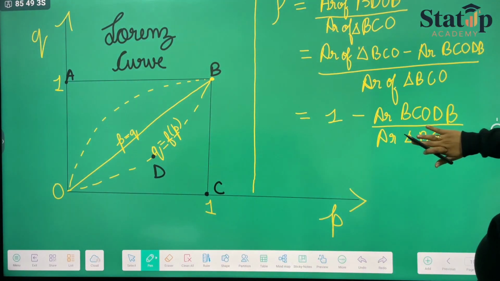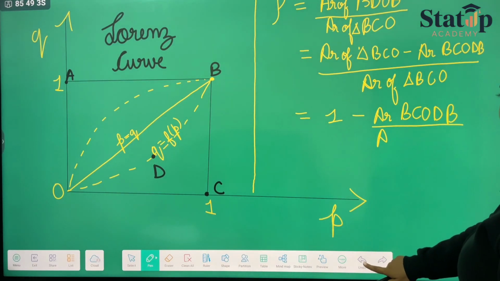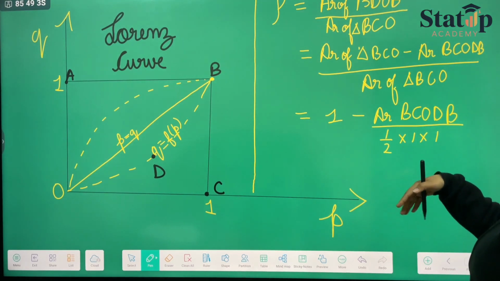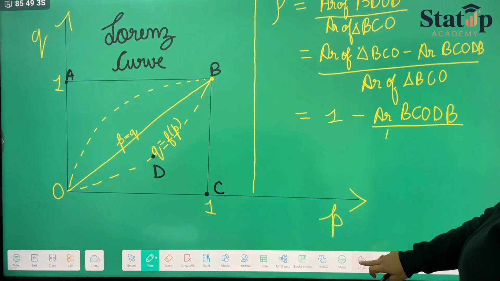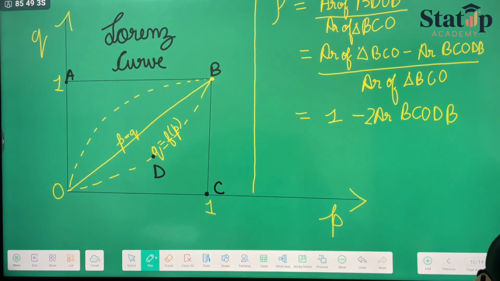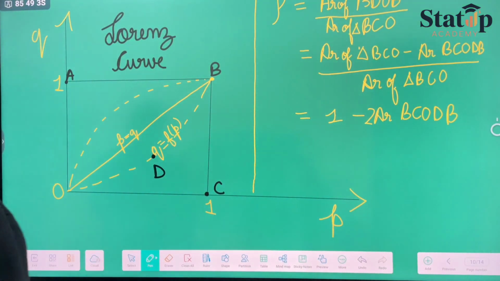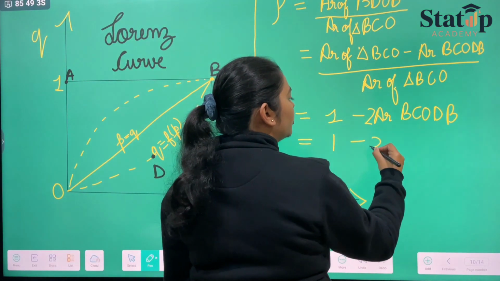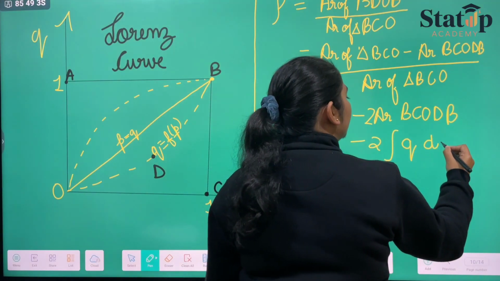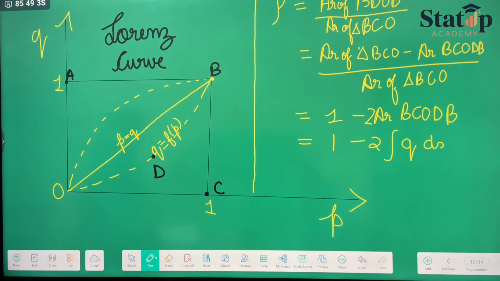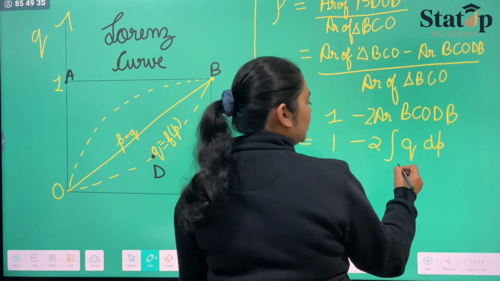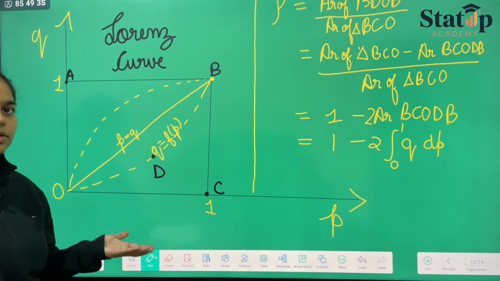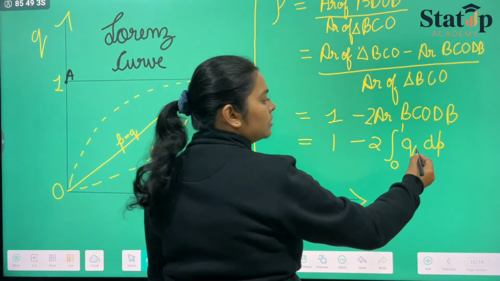So instead of area here, we can write this as half into 1 into 1, and half into 1 into 1, 2 goes in the above side, so we will be left with 2 into the area of BCODB, and 2 into the area of BCODB can be represented as 1 minus 2 into the integration of Q dP, because Q is the function of P, and the area goes from 0 to 1. Now here instead of Qx we can write Px.